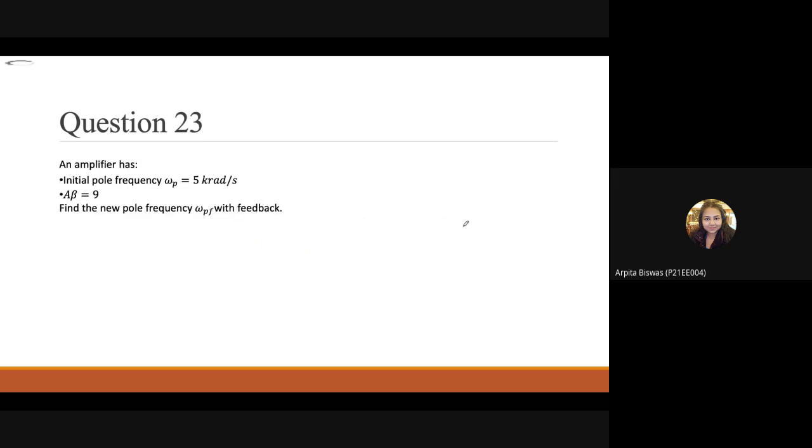So next, question number 23. An amplifier has initial pole frequency WP of 5 k rad per second and A beta equal to 9. So find out the new pole frequency WPF with feedback.